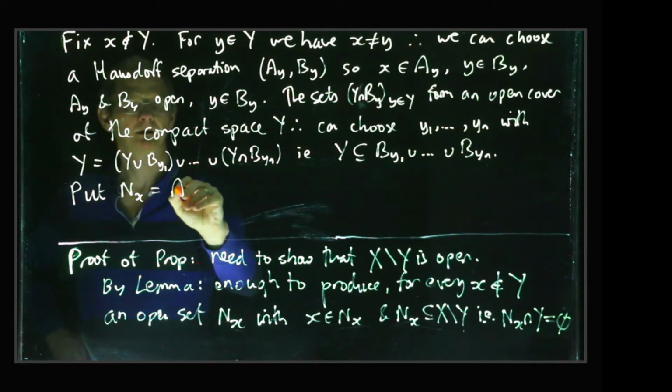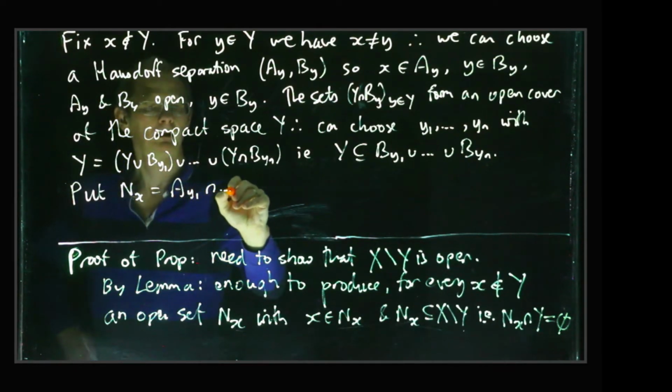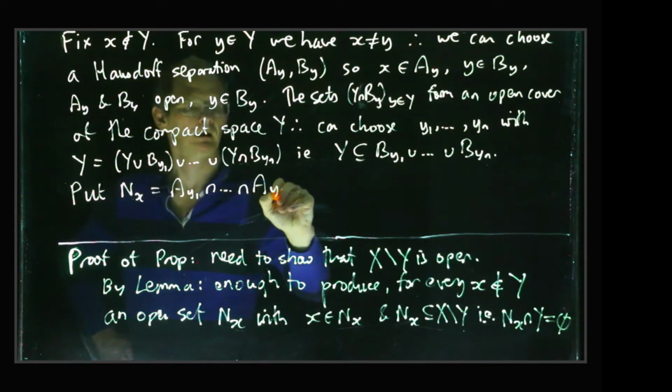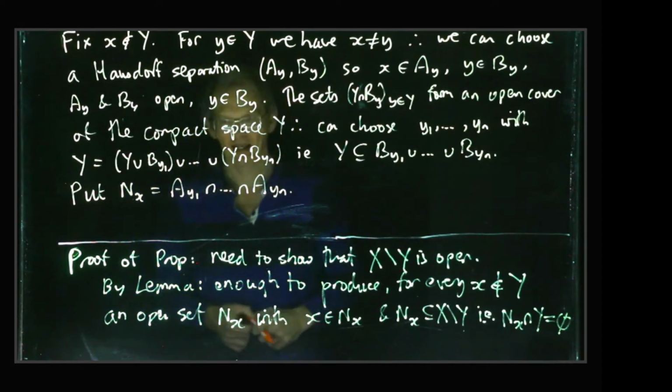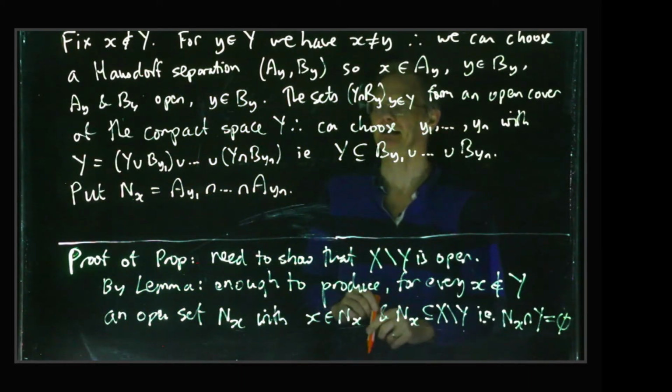So now I'm going to let Nx be the intersection of the corresponding A's.